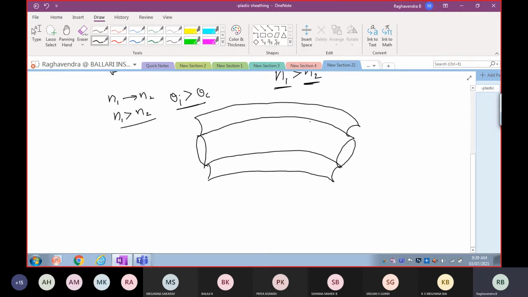Assume that this is the core, and that is the cladding. Assume that a light ray passes into the core part of the optical fiber.